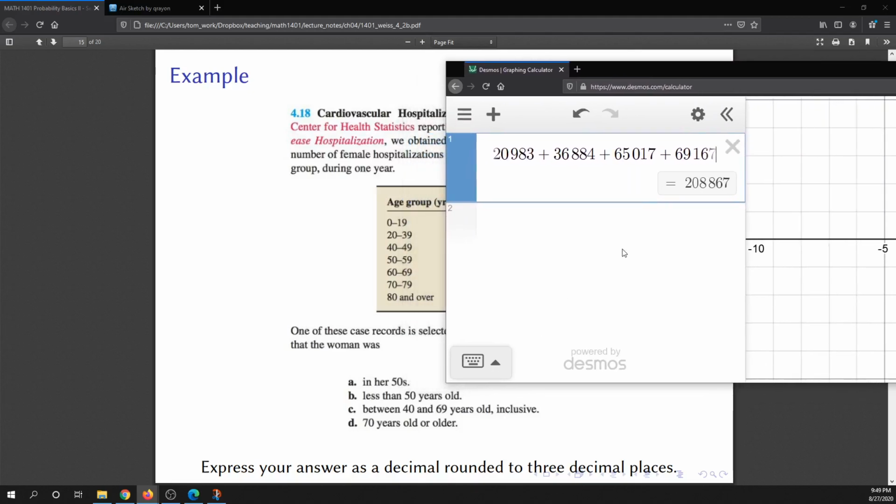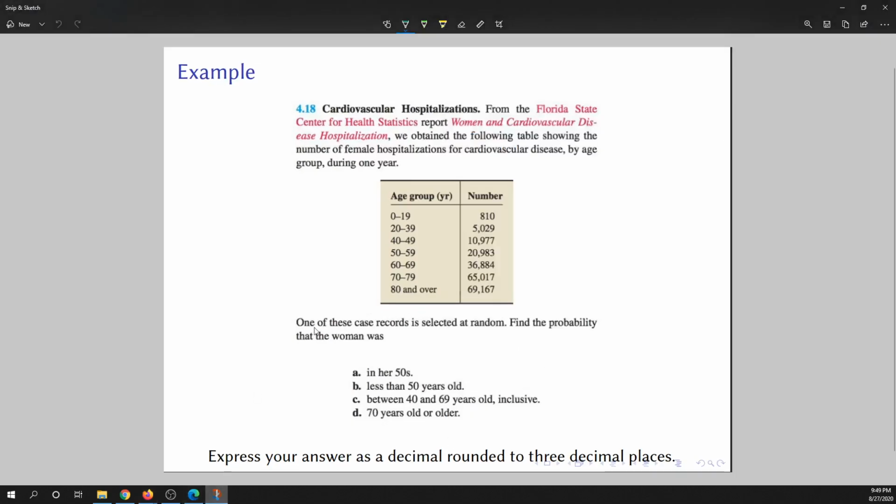All right, so I get 208,867 when I add those up. Okay. All right, so now let's start working.